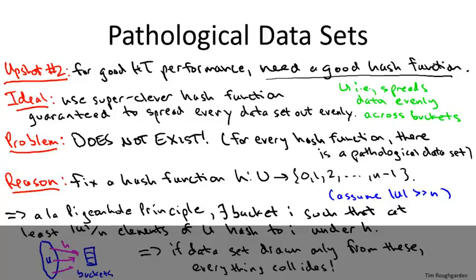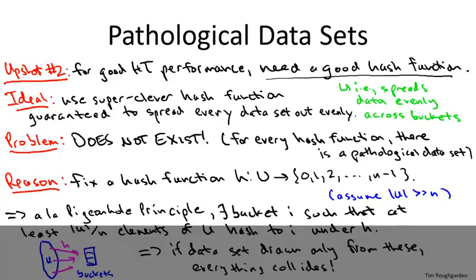So for such a data set, and we can make this data set basically as large as we want because the cardinality of u over n is unimaginably big because u itself is unimaginably big, then in this data set everything collides. The hash function maps every single one to bucket number 31, and that's going to lead to terrible hash table performance. Hash table performance which is really no better than the naive linked list solution.